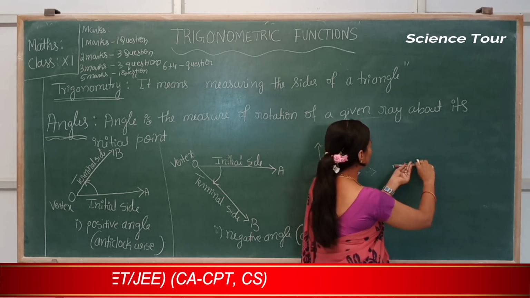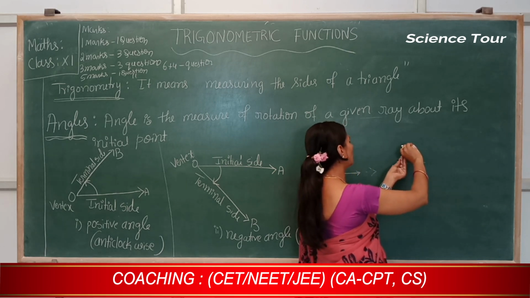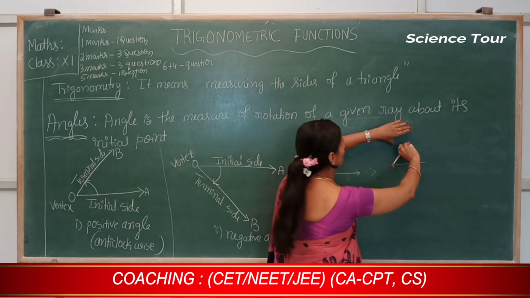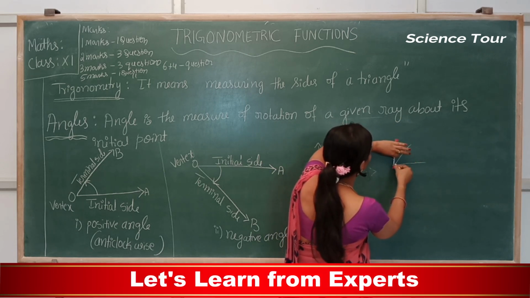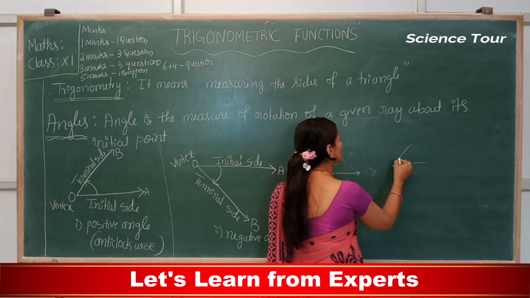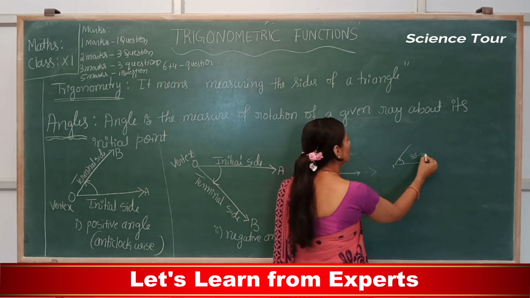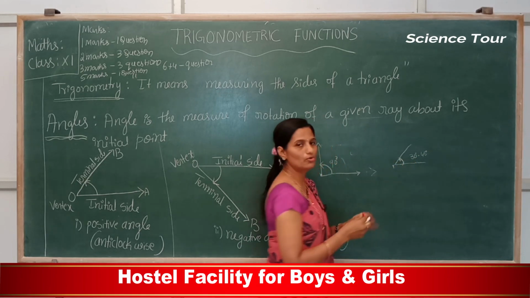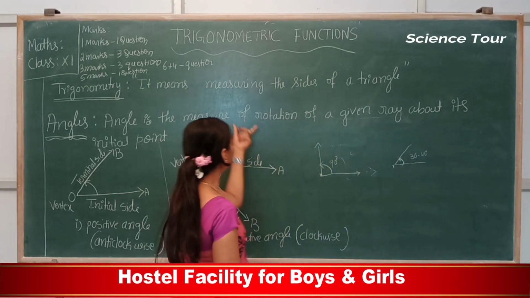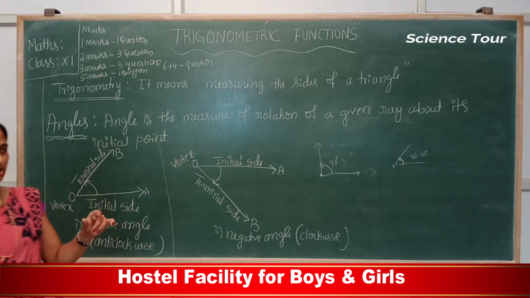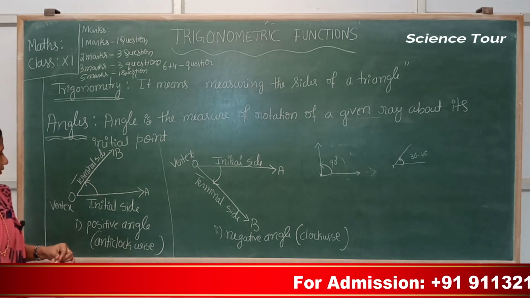I rotated only this much, so this is called the angle. Maybe it is equal to 30 degrees or nearly 45 degrees. It is the measurement of rotation of the ray about its initial point.